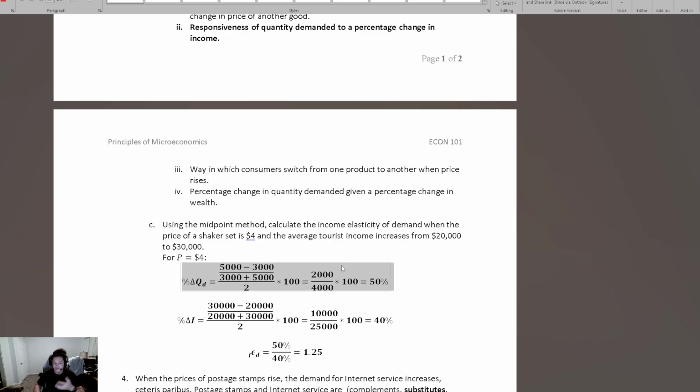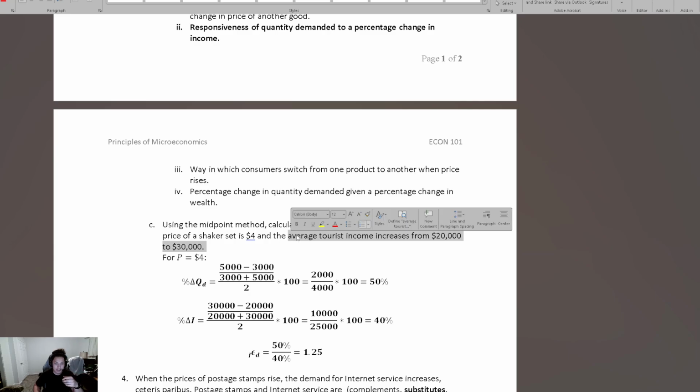And then we actually don't even really need the table for the second part because it's in the question. Our denominator is the percentage change in income, and we can tell that just from the question itself. It went from 20,000 to 30,000. Our new one, our I2 in this case, is 30,000 minus our I1, our old income, 20,000, divided by I1 plus I2 divided by 2.